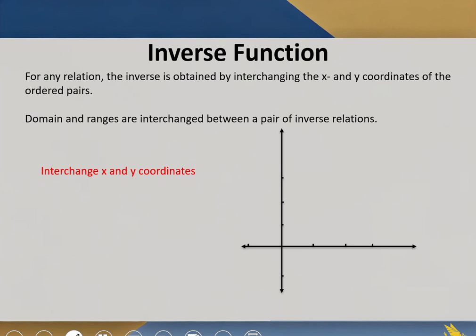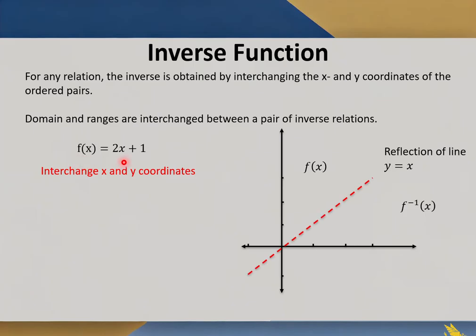So an inverse function of what we've just done is the interchange of x and y coordinates. If we think about it in terms of an equation, we've got f of x is equal to 2x plus 1. f of x is normally referred to as y, so we just change them to x, and we change our x here to y.